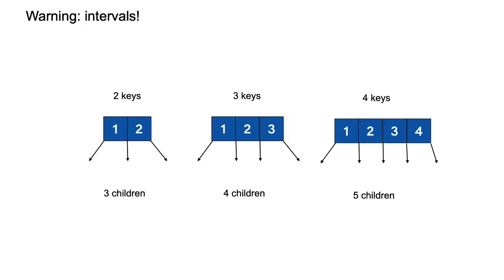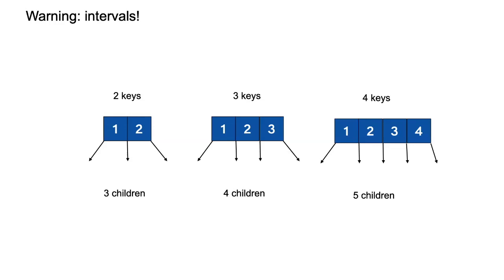So basically, if you have 3 keys, then you have 4 children. So if you have between 3 and 5 keys, that's between 4 and 6 children. The other way around, if you have between 3 and 5 children, then you have between 2 and 4 keys. Who agrees? Right. I keep making the same confusion in my brain. I always need to think like, is it plus 1, is it minus 1, and so on. So maybe just drawing it actually helps me a lot in any case. So between 3 and 5 children means between 2 and 4 keys.